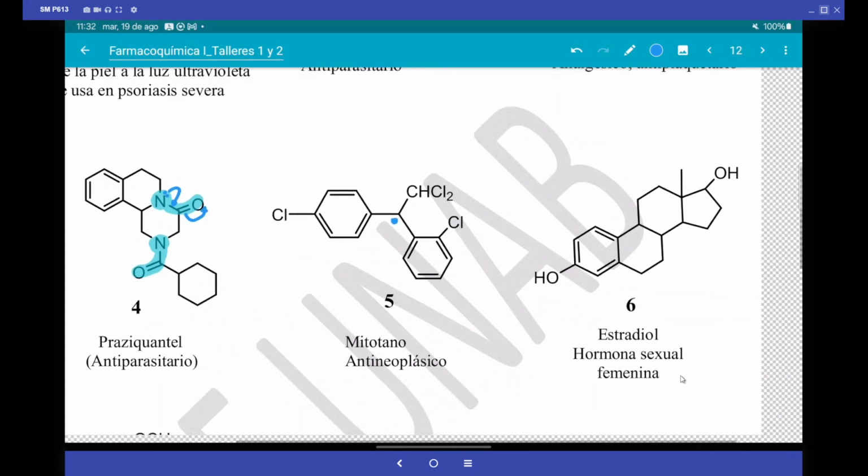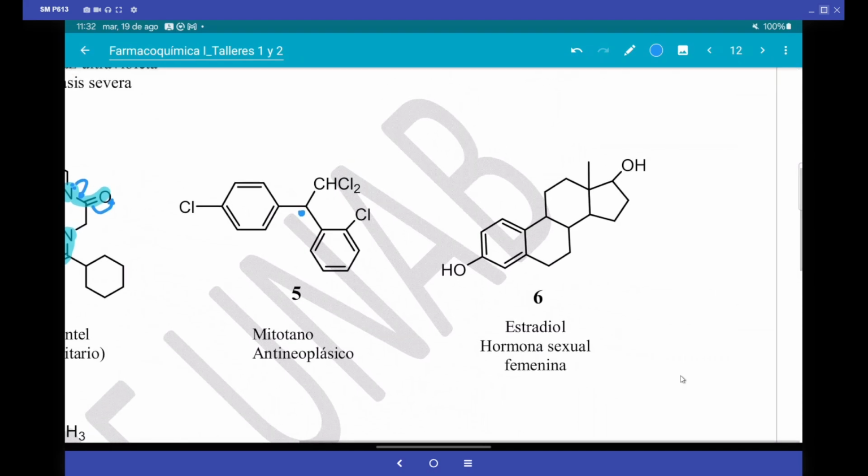Estradiol, the female sexual hormone, is also quite neutral because no hydroxyl is ionizable. The phenol has a pKa of about 10, and the alkyl hydroxyl about 16, and it is good to remember those numbers because we are going to use them.